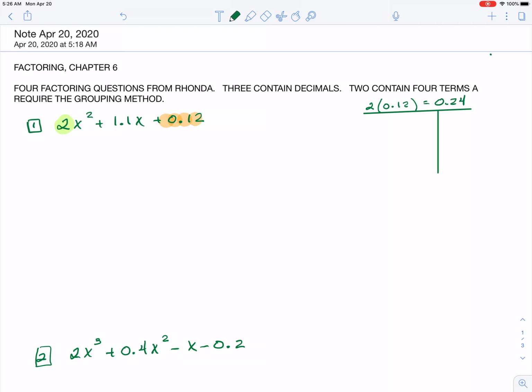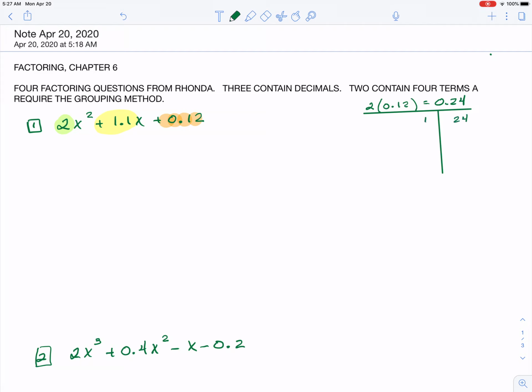What are 2 numbers that will multiply together to give me 0.24 and at the same time add up to this positive 1.1 back here in the middle? So I've got a lot of things going on. Multiply the 2 times the 0.12. Start to think of factors of 0.24.